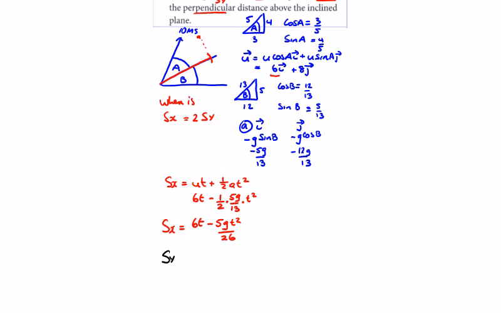So s of y is going to be 8t minus 1/2 by the 12/13 for the acceleration, 12g/13 by t squared. So that is equal to 8t minus 6gt²/13.